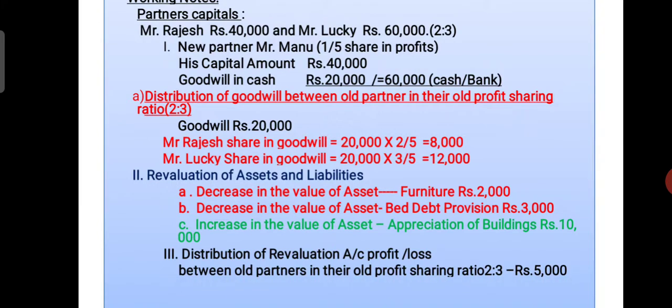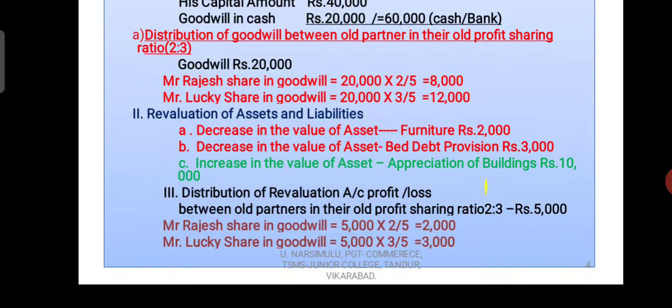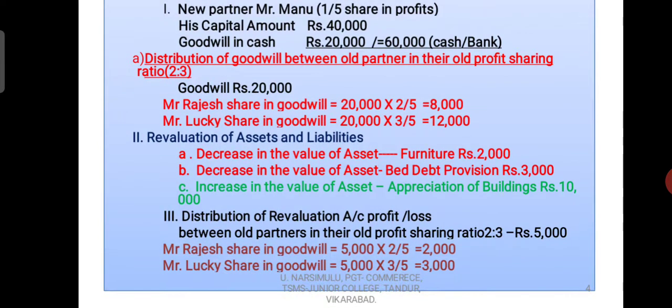See, the profit should be distributed between old partners according to the old profit sharing ratio. Rajesh, here instead of goodwill you have to take revaluation profit. 5,000 into 2 by 5, 2,000, and Lucky 5,000 into 3 by 5, 3,000. Here just strike off goodwill and make it a revaluation profit.